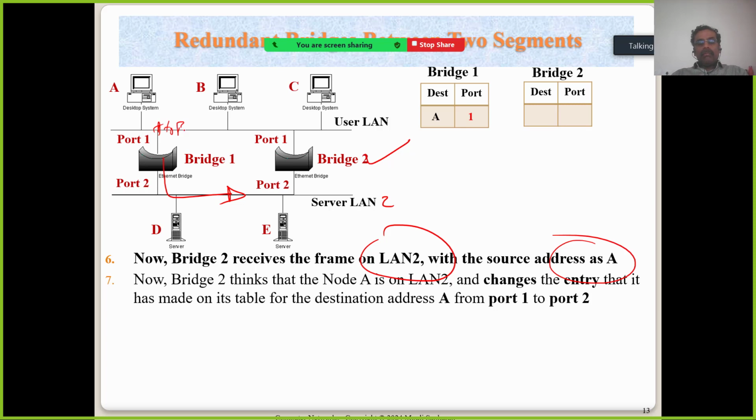So it assumes that A is on this side of the fence, and it will update A as port 2. Now, what if it has learned A as port 2? It has to send it on the other side, because flooding has to happen. So this frame will go around the loop in the anti-clockwise direction. The loop is a problem because the same frame keeps going around.